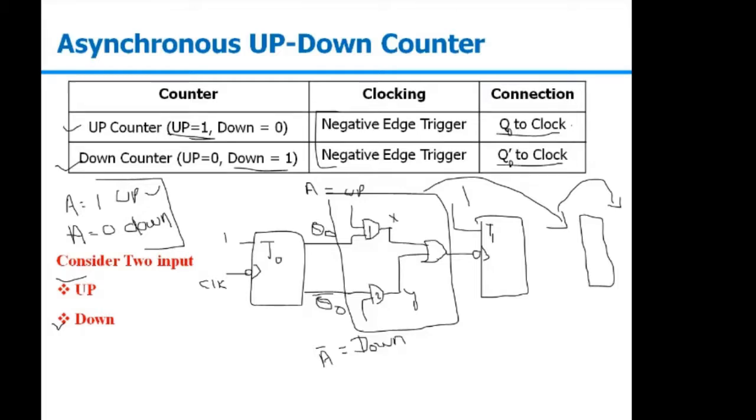Technically, if you compare the working of the AND gate and OR gate, the NAND gate is slightly faster than your AND and OR. So that's why we generally try to connect them in terms of NAND gates.